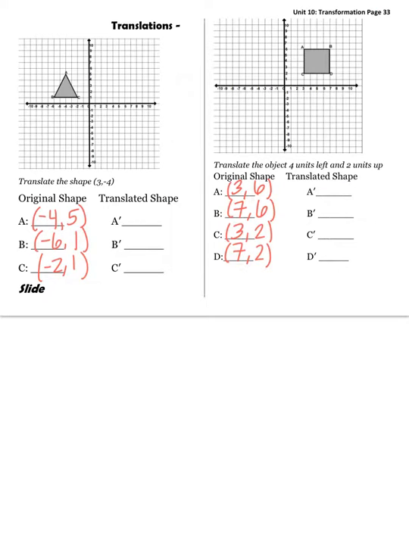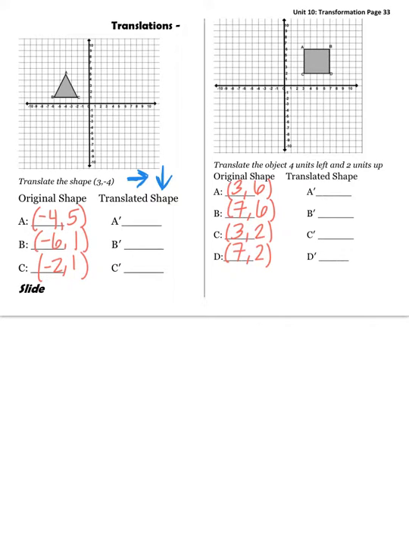Okay, let's try these two examples. Okay, so we're translating the shape. This triangle here, ABC, 3, -4. Sometimes I like to give myself arrows. So I'm going right 3 toward positives and down 4.